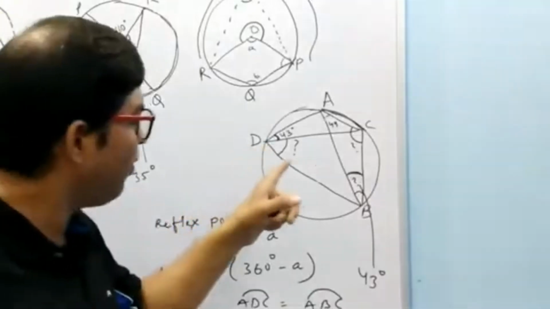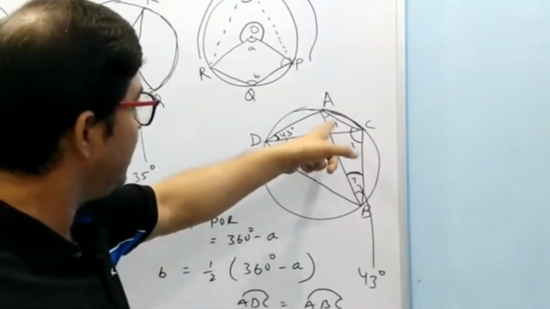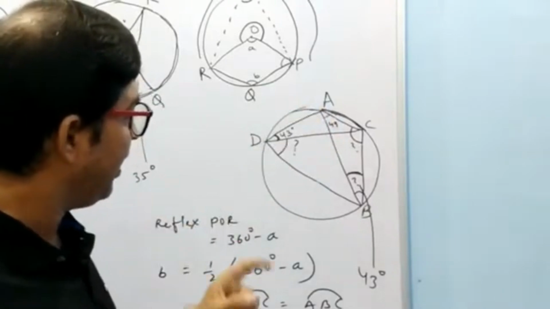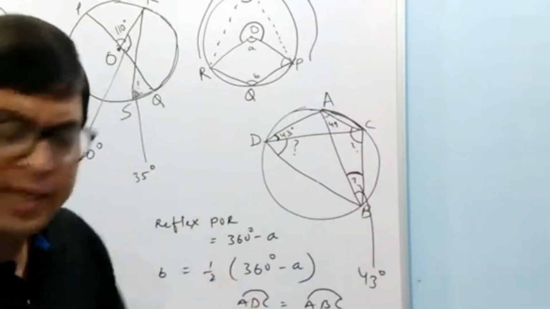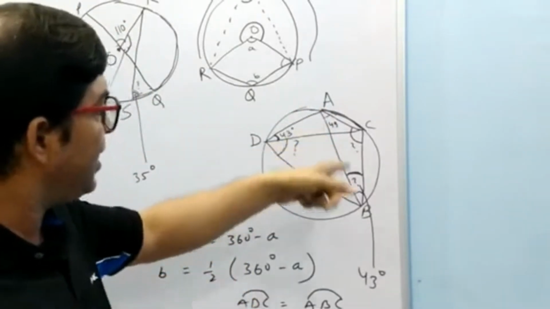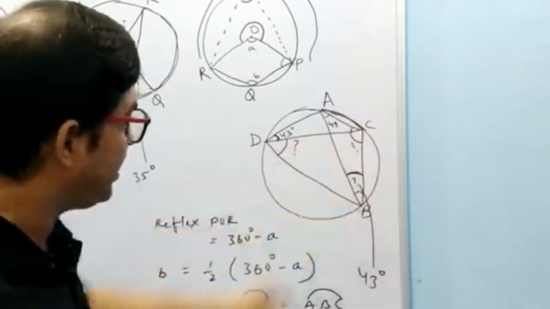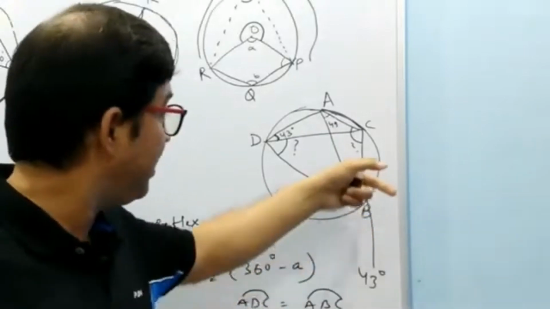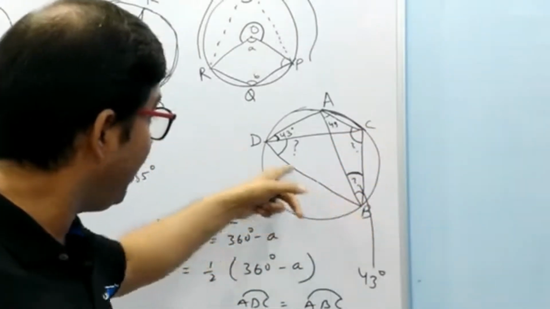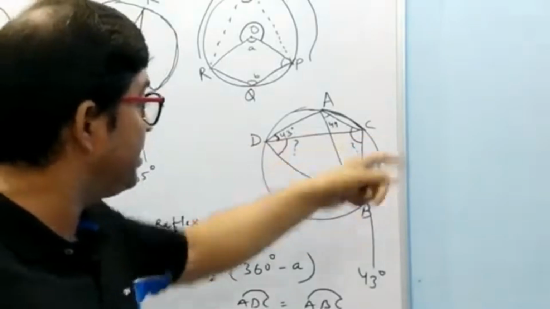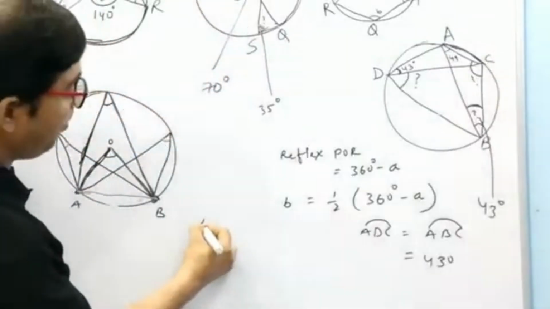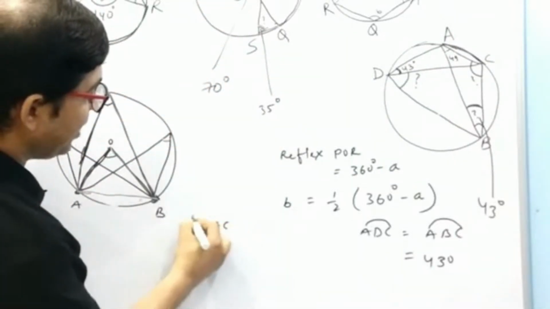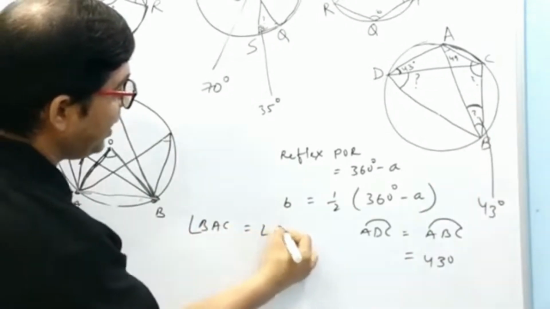Now, whatever more is given, this is given 49 degrees. That means BAC. This angle is made by the arc BC. Is any other angle being made by the arc BC? Yes, if you see carefully, this is angle BDC. So we can write angle BAC is equal to angle BDC.